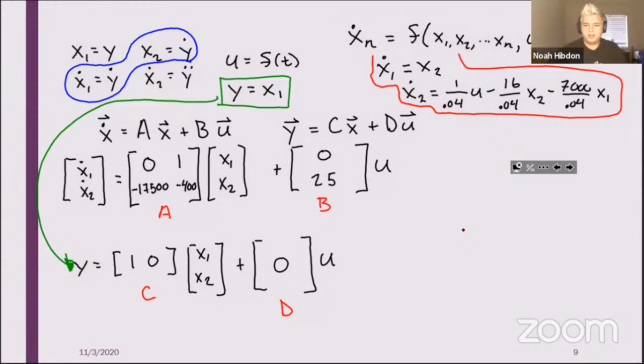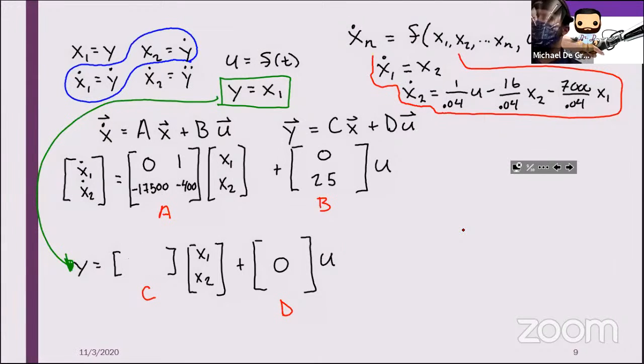Theoretically, if we were to be asked to measure it with a different variable, would we just change the x, or how would we do that? So instead, if we didn't want to use position but wanted to use velocity, is that what you're asking, Noah? Yeah. So if your output was velocity, well, velocity is x2. So this would just change by becoming 0, 1. What if you wanted to measure the acceleration?